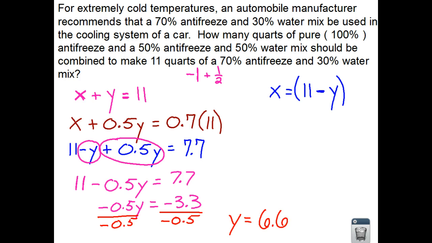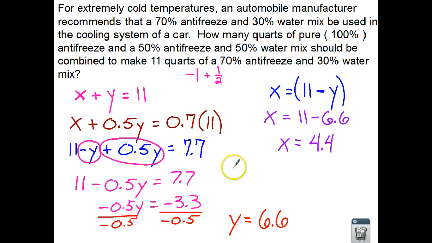Now we're going to take our y value and plug it into our equation that we isolated x for, and that would tell us what our x value is going to be. So we have x is equal to 11 minus our 6.6, substitute in for y, and we're going to end up with, I believe that's going to be 4 and 4/10. So x is equal to 4 and 4/10.